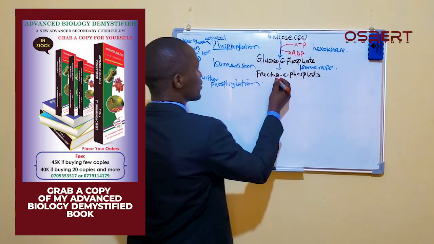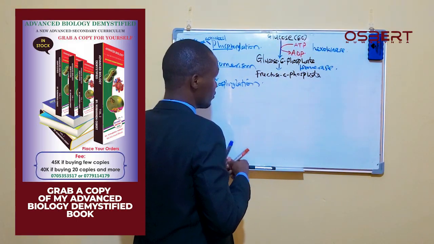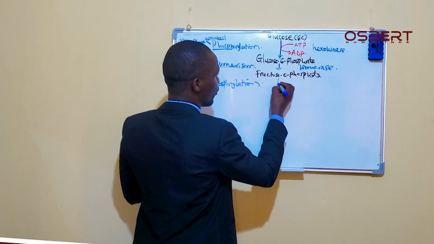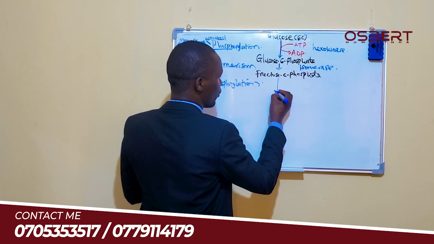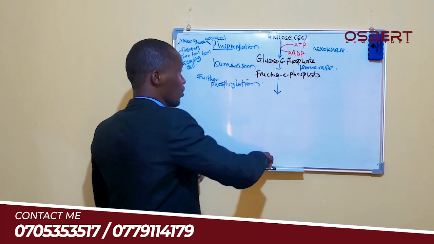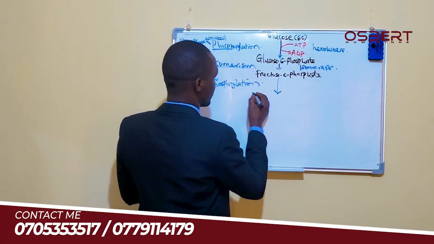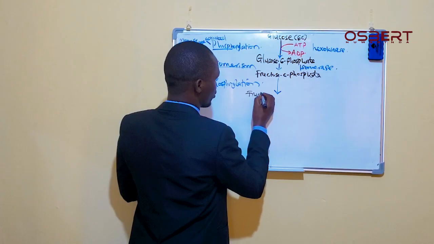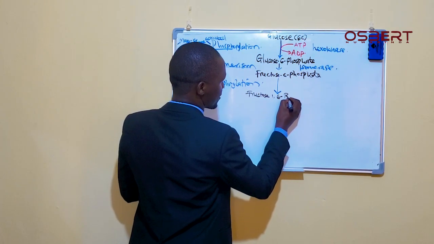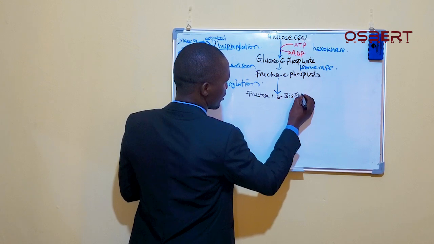This fructose 6-phosphate now will form a molecule which is called fructose 1,6-bisphosphate.